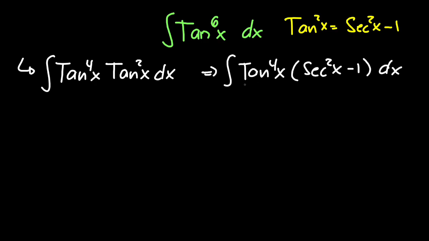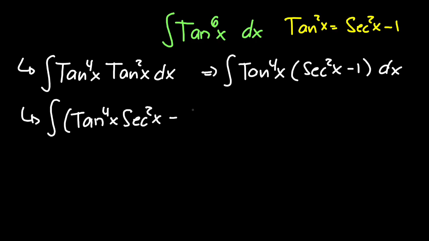Next step would be to distribute tan to the power 4 of x among the parentheses, and we can split this integral into two parts.